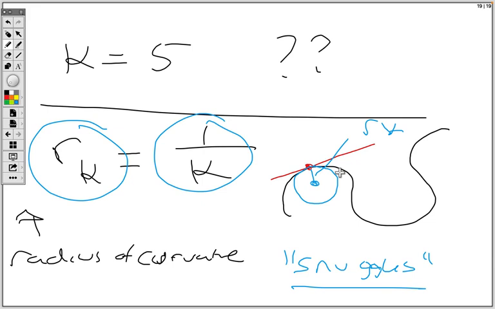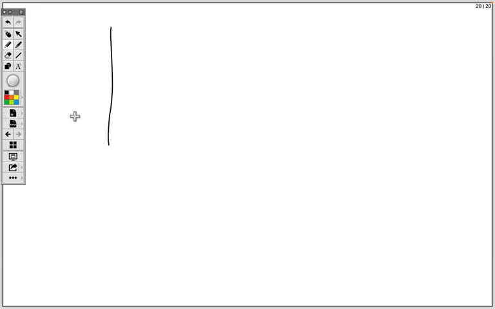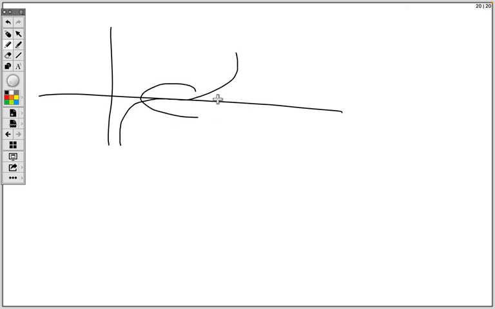But locally, if you zoom in tight enough, it's going to resemble that. If the curve's flat enough, it'll cross through like that.